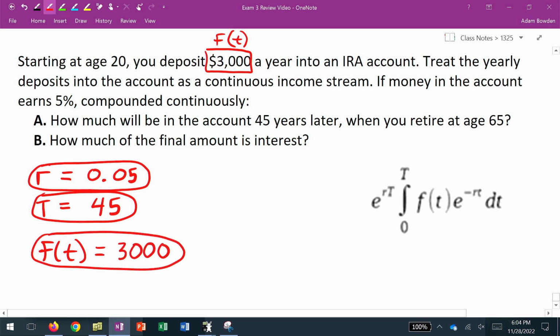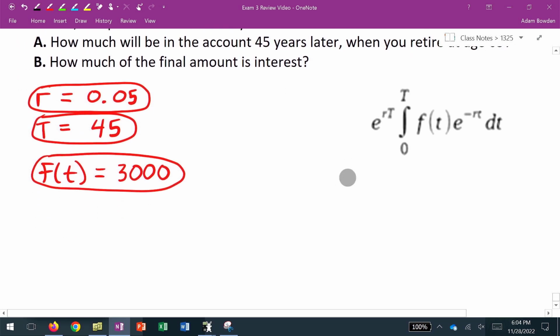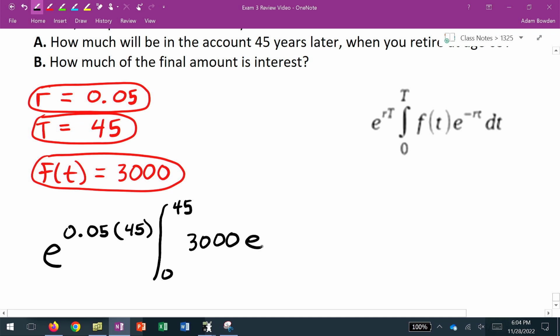Okay? So let's put all that into this formula here. It's going to go e raised to the 0.05 times 45, integral from 0 to 45, 3,000 e raised to the negative 0.05 t dt.